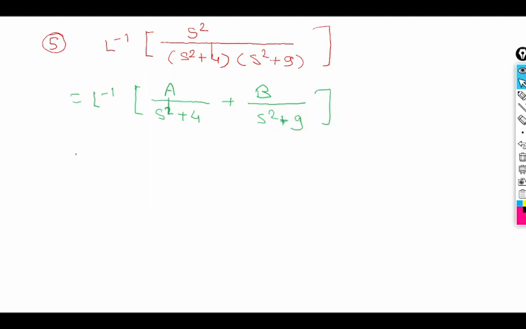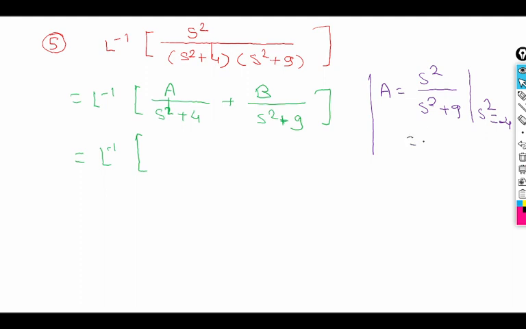Now to get the value of A, let me show you here, then only you'll understand. So A is equal to, we ignore the term s square plus 4, we have s square upon s square plus 9, and we replace s square by minus 4, denominator equating.